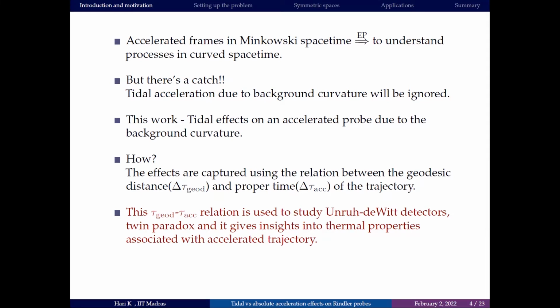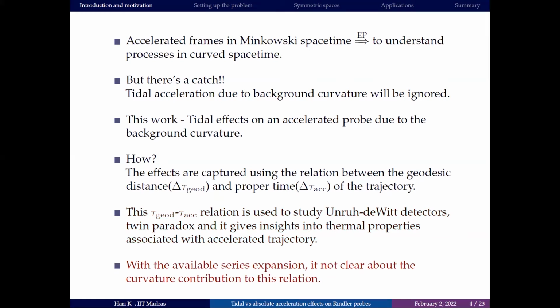The problem is that with the available expansions in the literature, it is not clear how the curvature contributes to this relationship. The best we get is to fourth order, which has no curvature contribution, and in the sixth order there is some curvature contribution, but it does not give insights like our results.